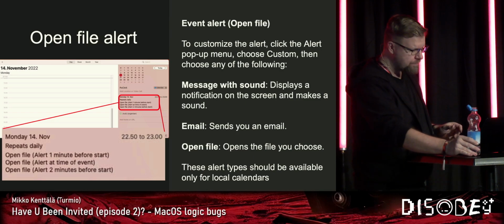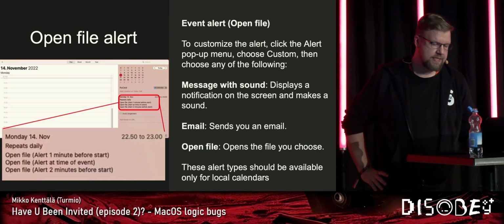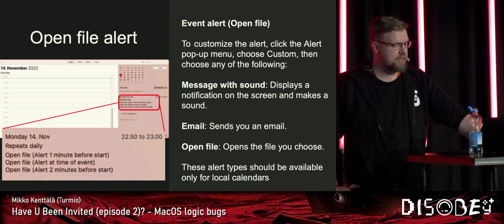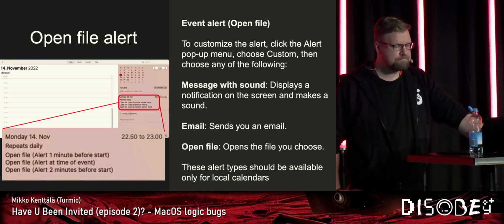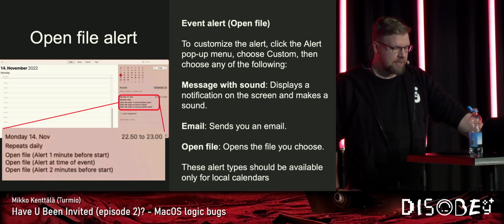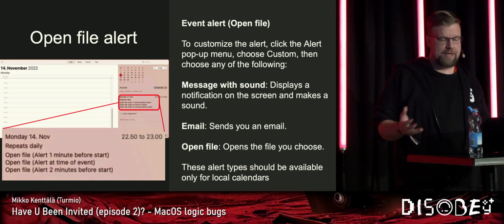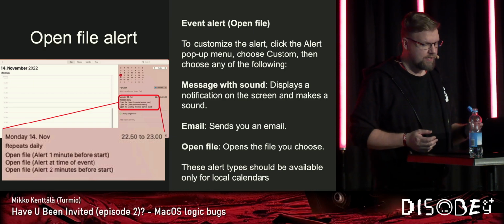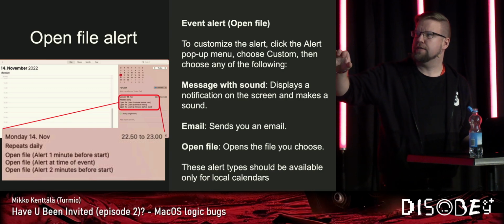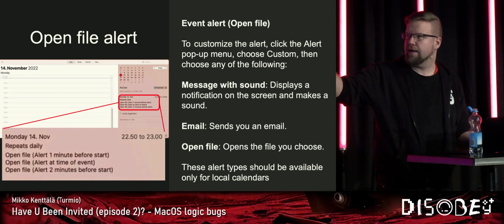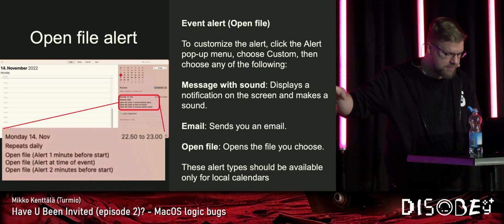The reason why I wanted to do that is that the local calendars actually have more features than remote calendars. Local calendars have cool features related to the alerting that you can do. This is from Apple's instructions, that you can do message with sound, send an email when the alert happens, or open files.